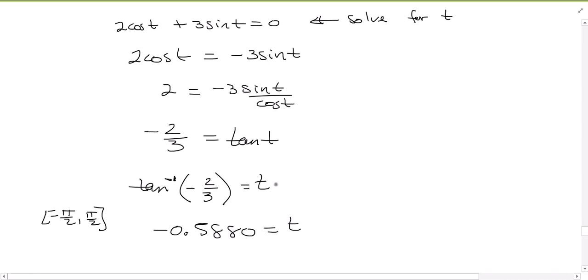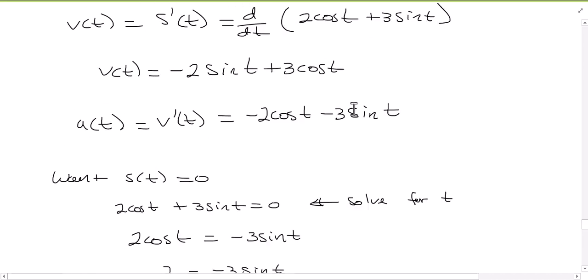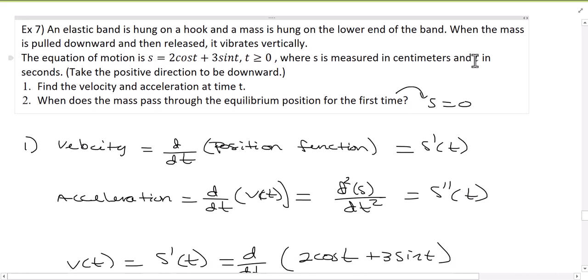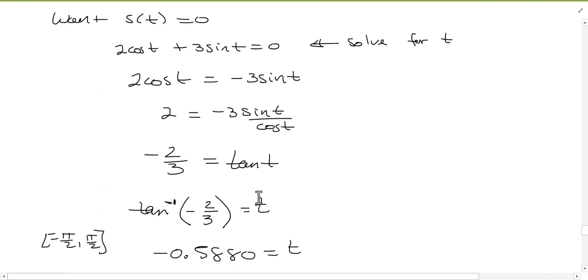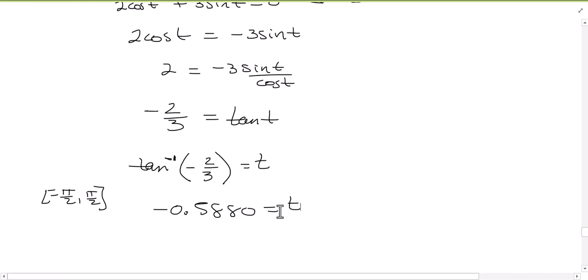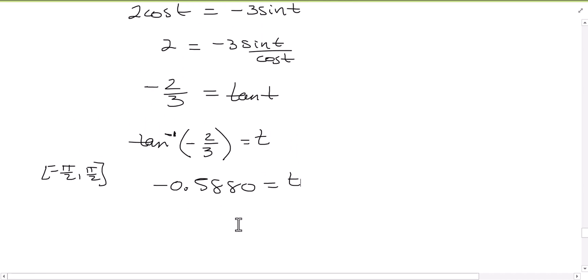is t. Now, looking back at the problem, it said that t is greater than or equal to 0. And because t is representing time, so t is in seconds, we can't have this answer. And so we just have to convert it to something that is greater than 0 and is coterminal.